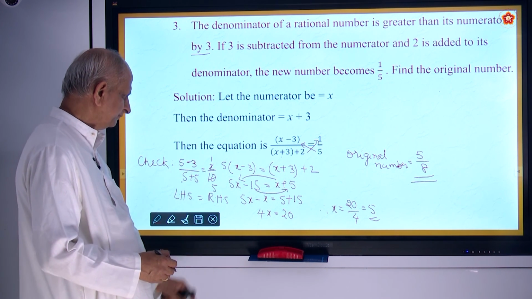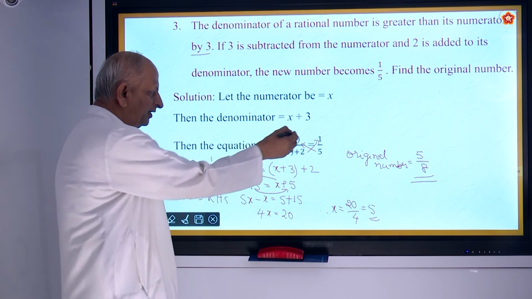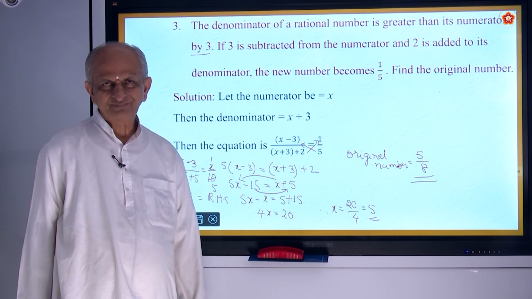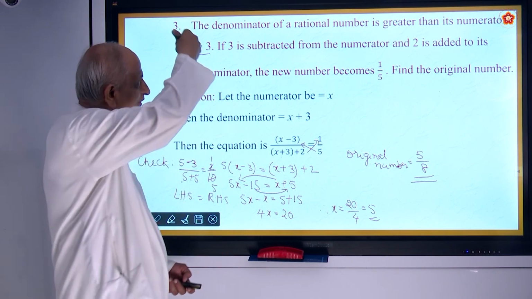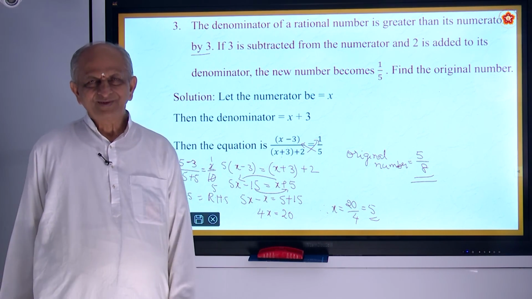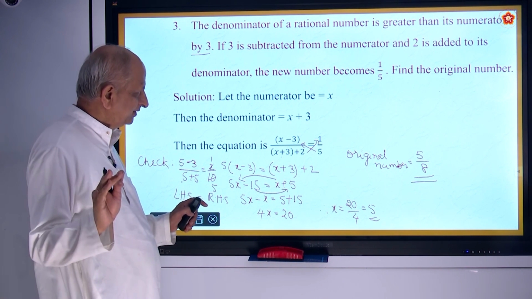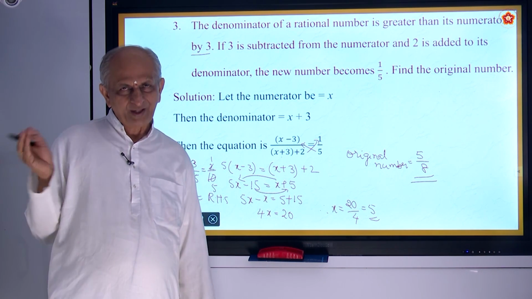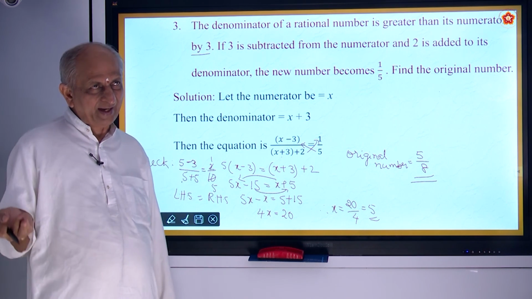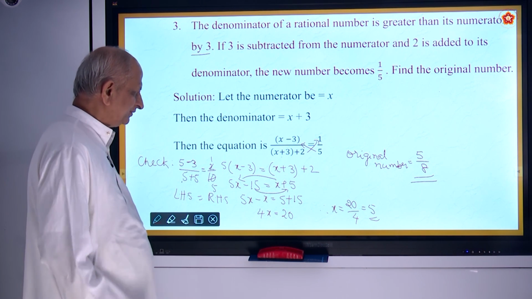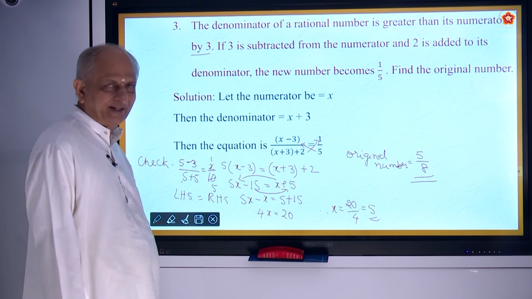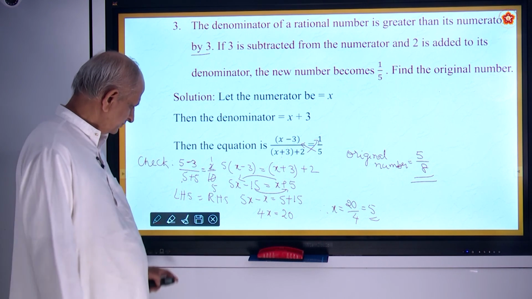So 2 by 10 means 1 by 5, already given as 1 by 5. So simple, but the question is so long. So understand clearly what you mean by a fraction, what is numerator, what is denominator, what is adding, what is subtracting, like that. Okay. So very nice. You followed? Okay.